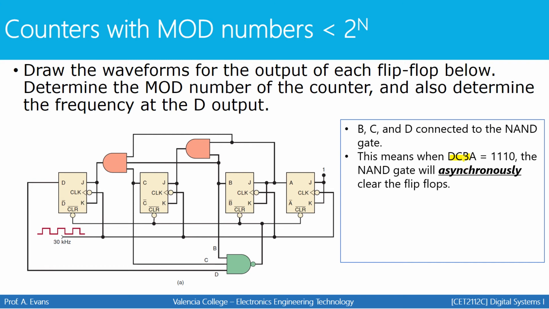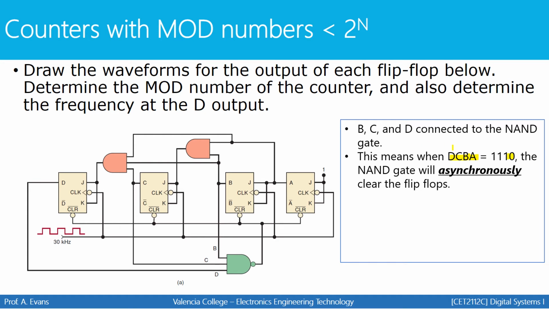So when D, C, and B are 1, 1, 1, while A is low, because A is not connected to the NAND gate, the NAND gate will asynchronously clear the flip-flops. That means that clear is going to happen instantaneously.